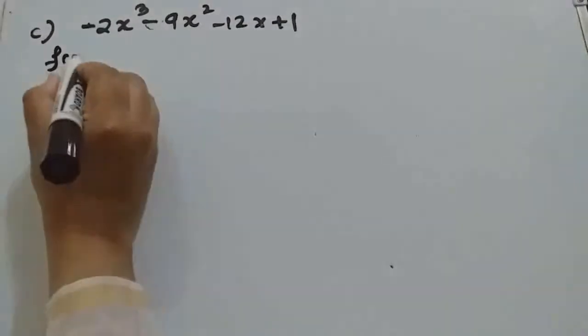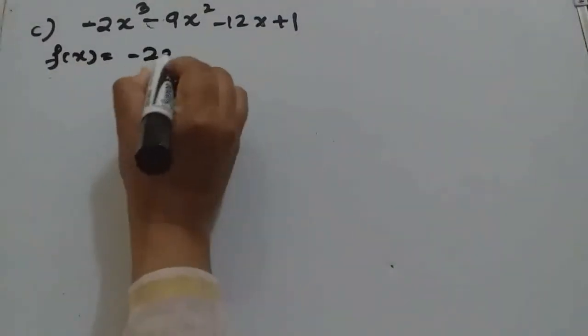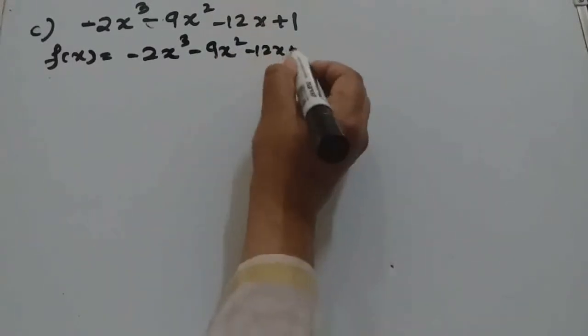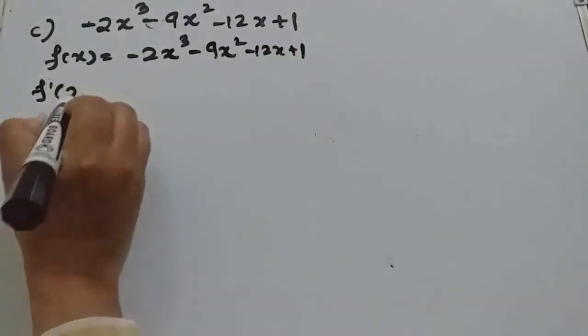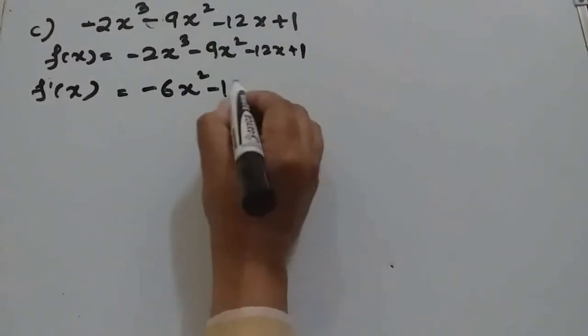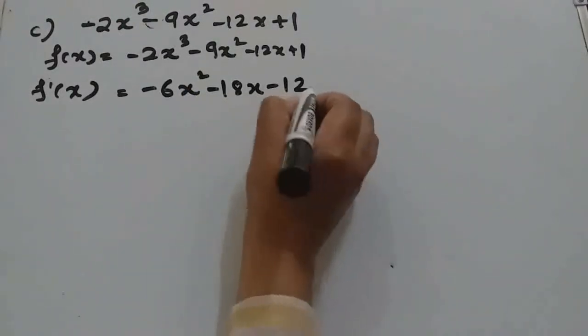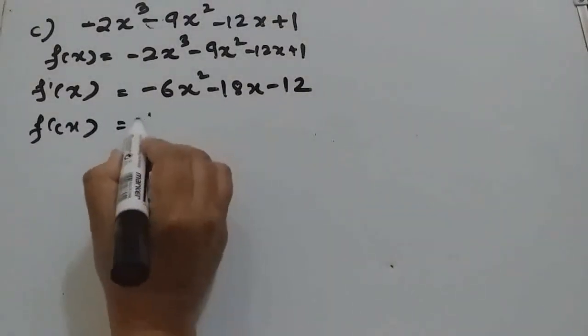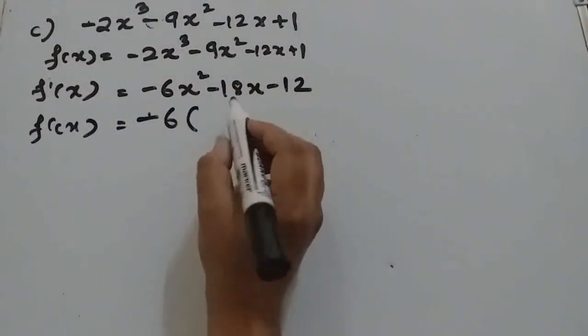F of x is given by minus 2x cube minus 9x square minus 12x plus 1. So f dash of x will be minus 6x square minus 18x minus 12. So what we can do here, minus 6 we can take common.